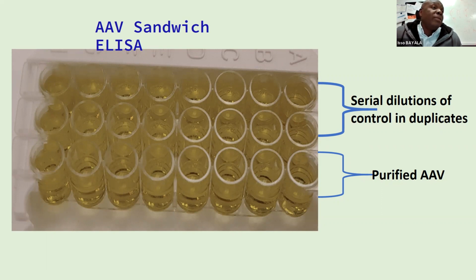Based on that, we use the average of the readings from the sample in the bottom row, and we use the first 2 rows, the serial dilution, to plot a standard calibration curve, which is on the next slide.